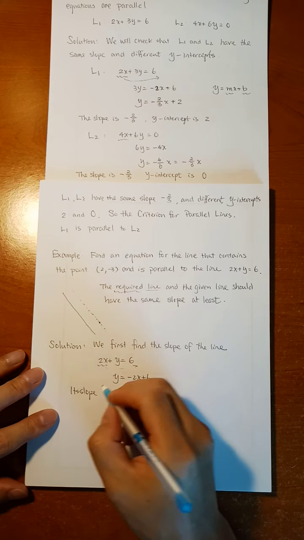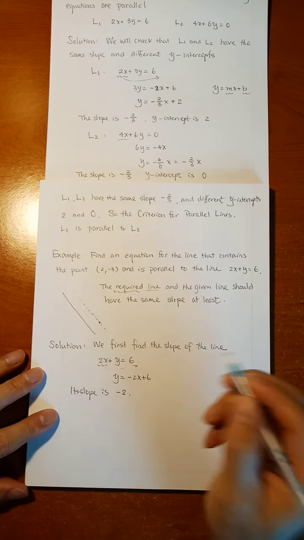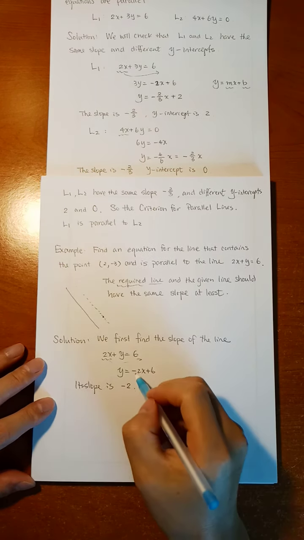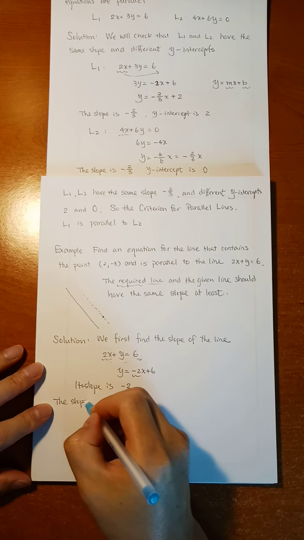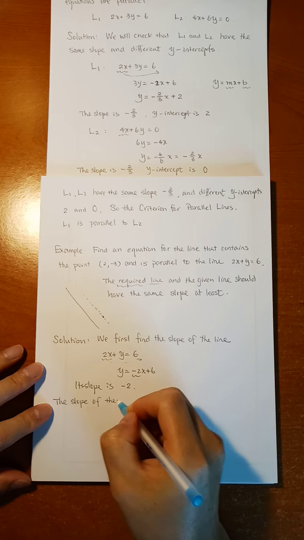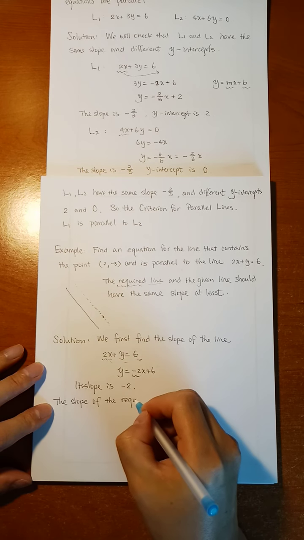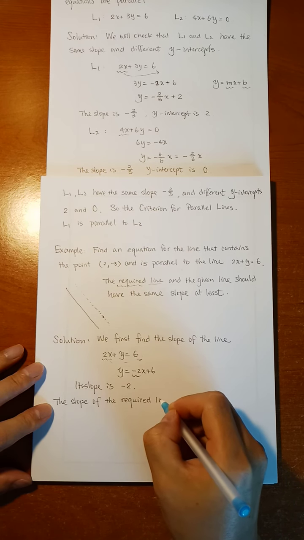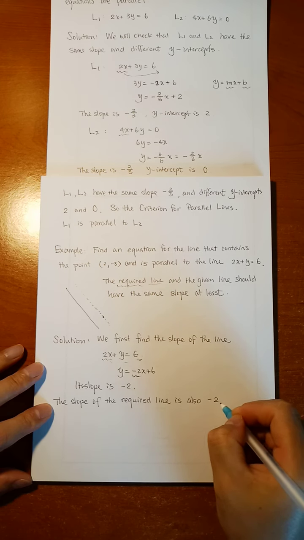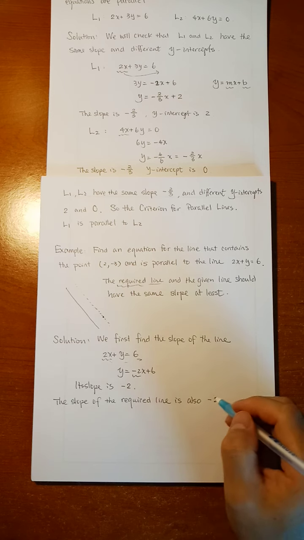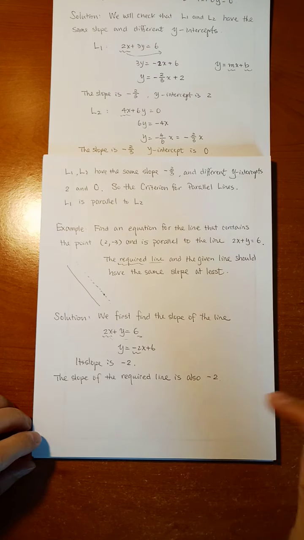So its slope is negative 2. So the slope of the required line is also negative 2.